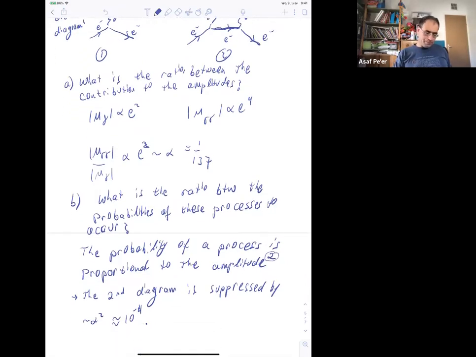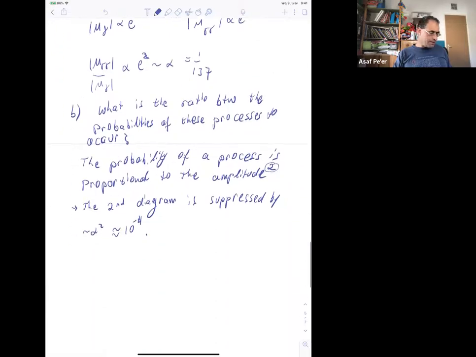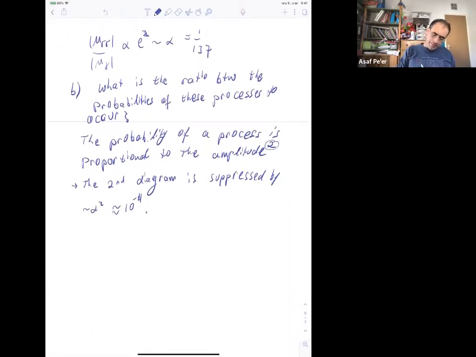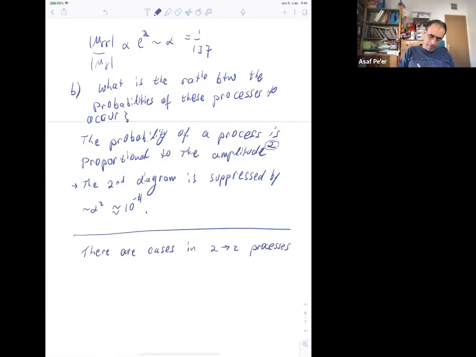Now let's take another example. Often, there are cases in scattering processes in which there is more than a single leading order diagram.